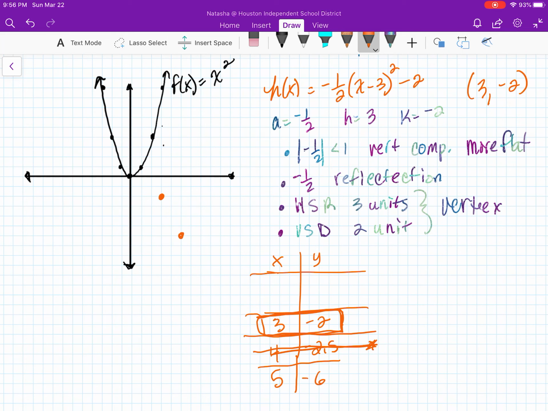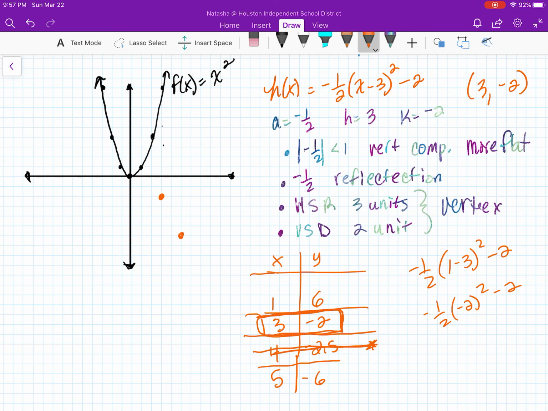Let's skip one more, and let's say x is 1. That would be negative 1/2 times (1 minus 3) squared, minus 2. 1 minus 3 gives me negative 2, squared is 4, times negative 1/2 is negative 2, and minus 2 again gives me negative 6.